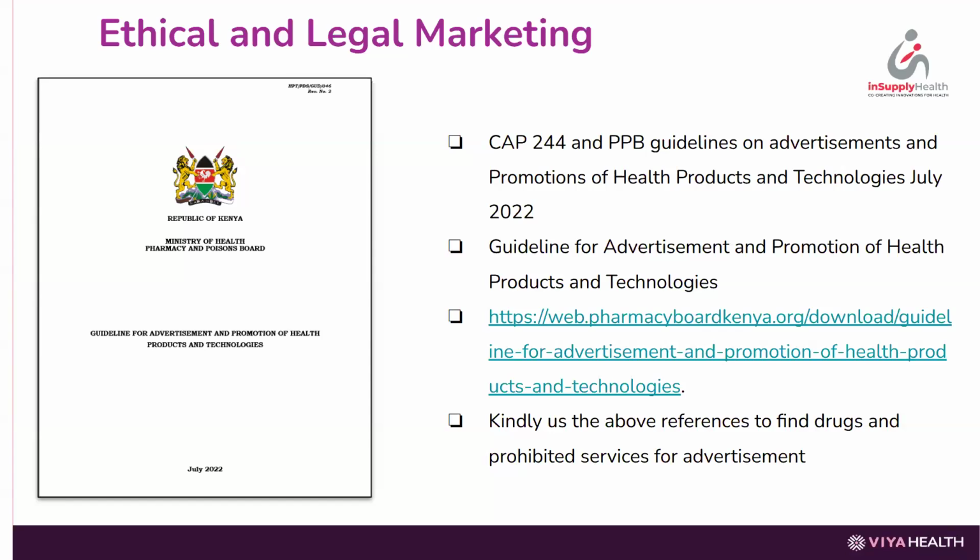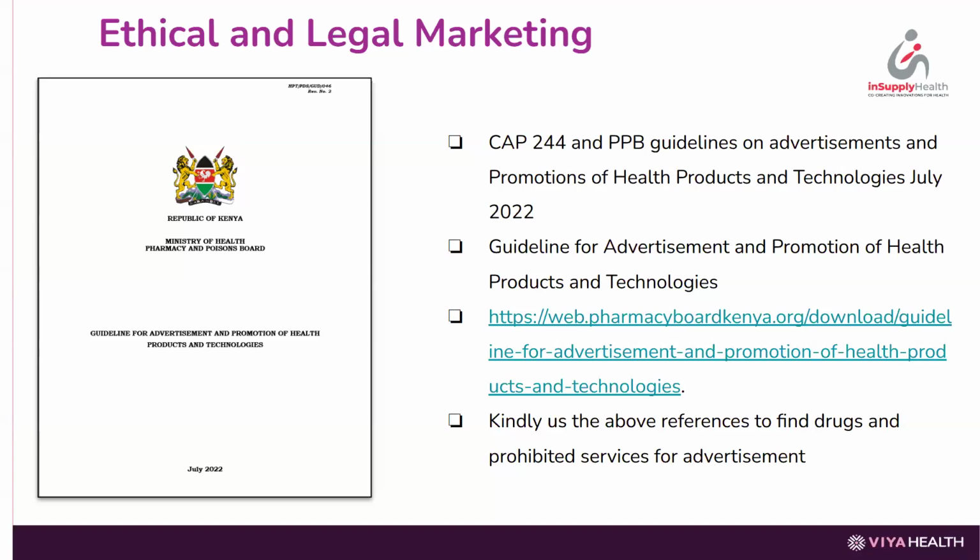which empower the PPB to come up with various regulations and guidelines that guide practice. And one such guideline is called the Guideline for Advertisement and Promotion of Health Products and Technologies.